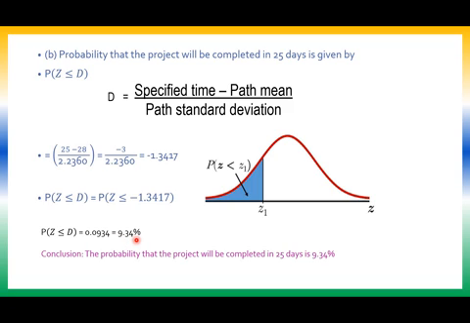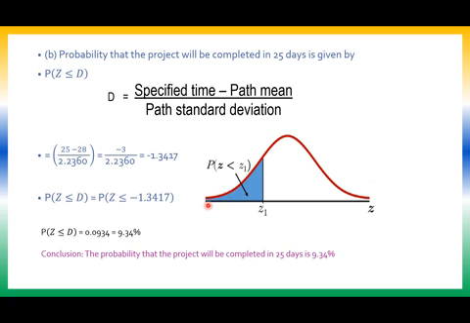9.34%, right? Here I am showing you a different graph because minus 1.3 appears behind 0. This is obviously the 0 position, right? This is the 0 position. So your area should be behind 0.